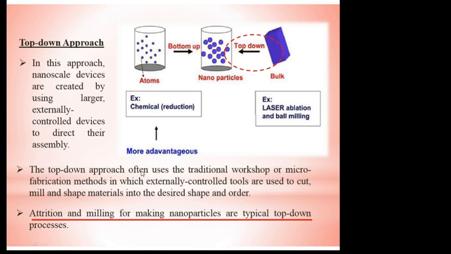The top down approach uses traditional workshop-like microfabrication methods, with tools that exactly control and are used to cut, mill and shape the materials into the desired shape. So that is what we had taken. The best example is attrition or milling. Attrition means to pulverize or grind the material by heavy pressure or heavy force.